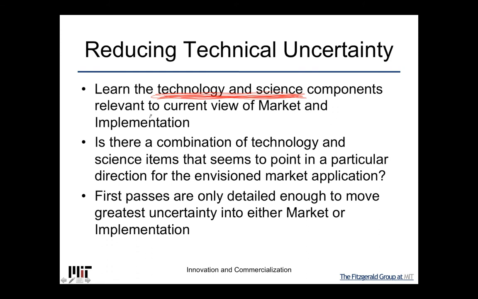And again, this is in the context that you already have some view of market and implementation that you start off with. So wherever you start to focus the uncertainty, like in this example where I'm concentrating on technology, it's not in random space. If I think that this area in technology and science is going to be important, it's because it impacts all these applications over here.